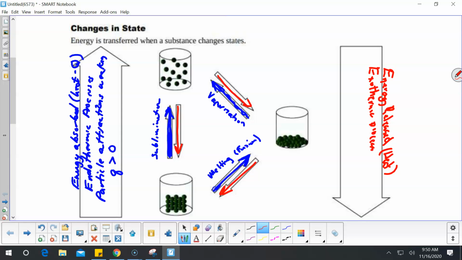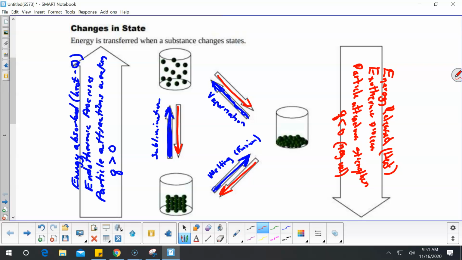And we're talking about it changing in state, so particle attractions here are strengthening. And the last piece would be that Q here is going to be less than 0. Oh, that's where Q has that negative value. So this would be if we are strengthening the particle attraction.